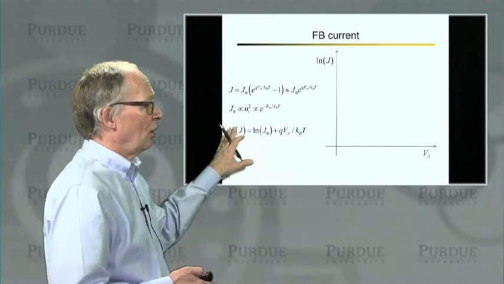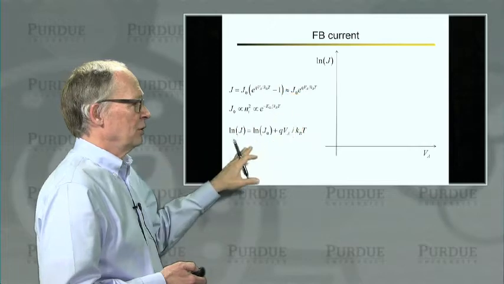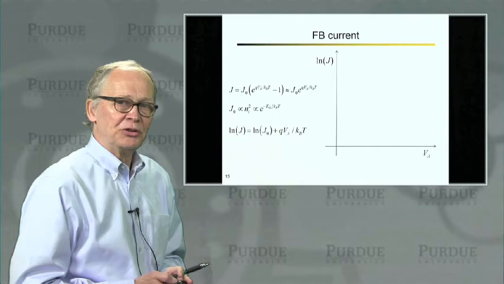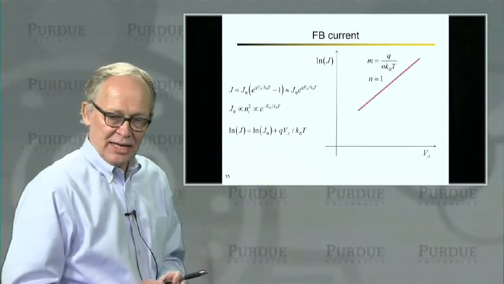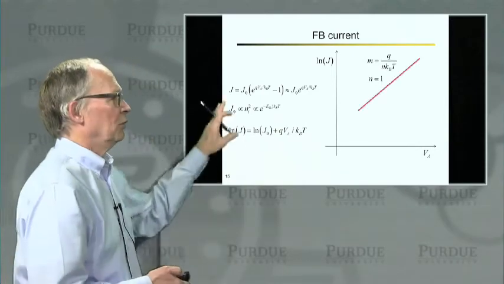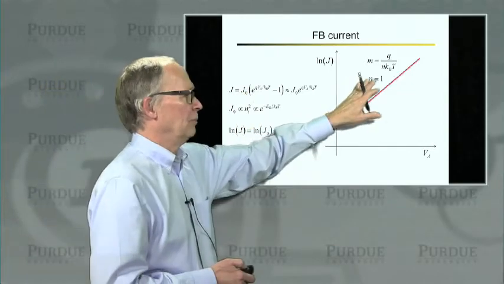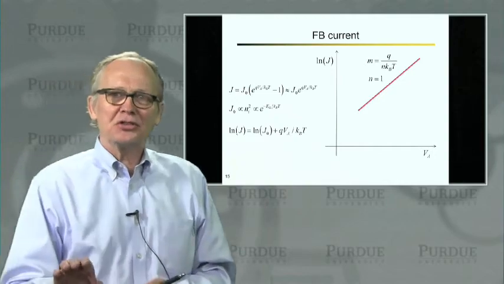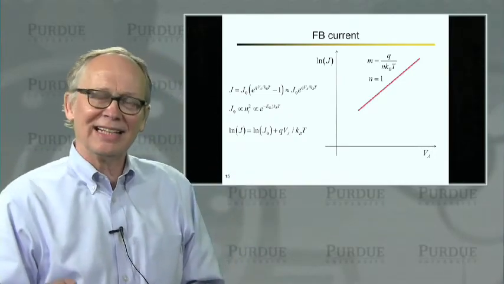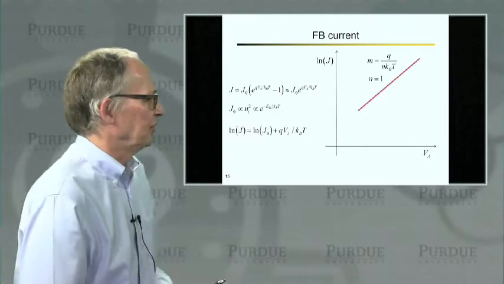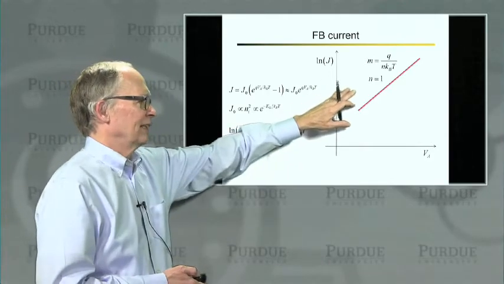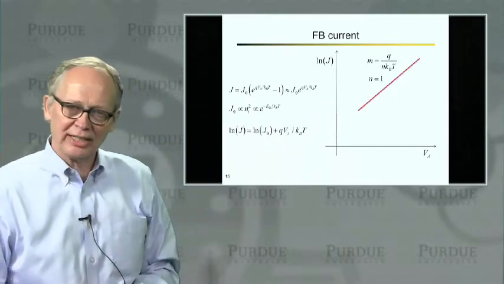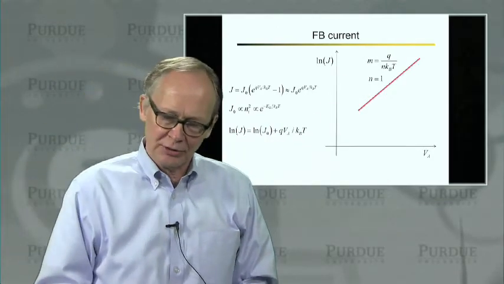Now, if I take the log of this equation, you can see that if I plot log of J versus voltage, it should be a straight line. It should have a slope, I'll call it M, that is equal to q over kT. Just to protect myself, real devices might not exactly be that, so let me introduce a factor called n, which is called a diode ideality factor. n is 1 for the ideal diode that we've been talking about, but not necessarily for a real diode.